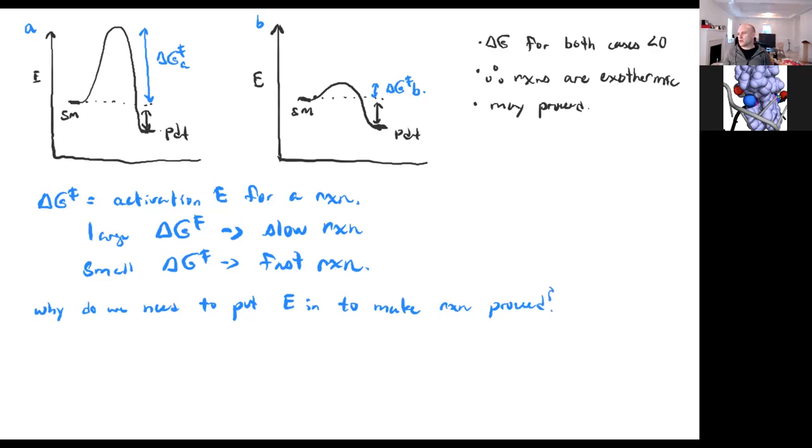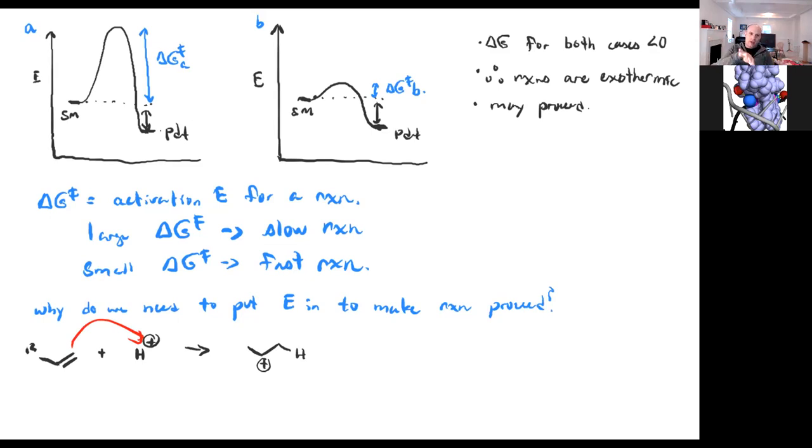Let's go to something that hopefully you're pretty comfortable with at this point, which is the protonation of an alkene. Let's just do it very simple. What's going on in that transition state?